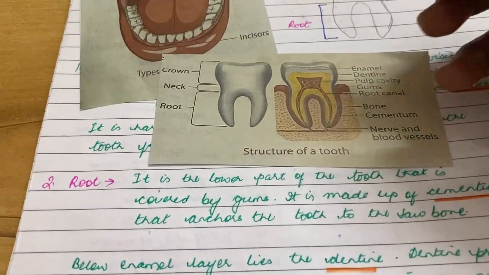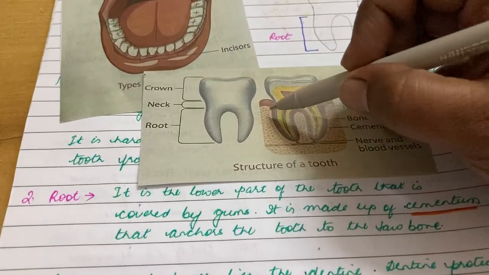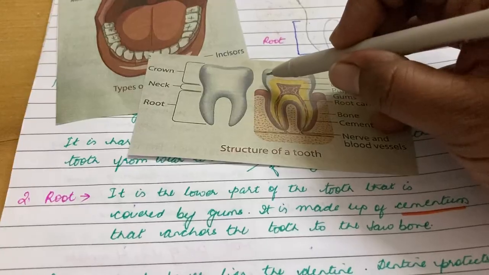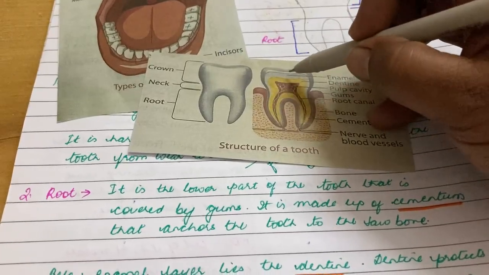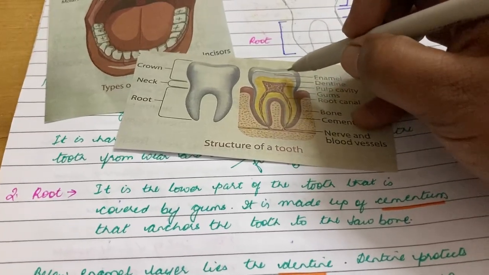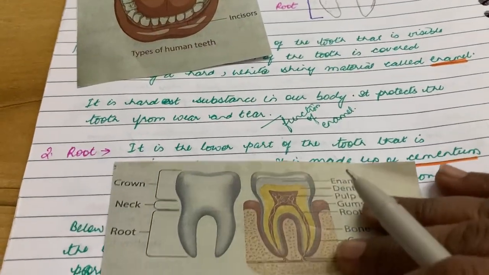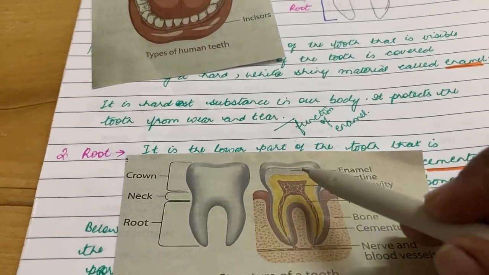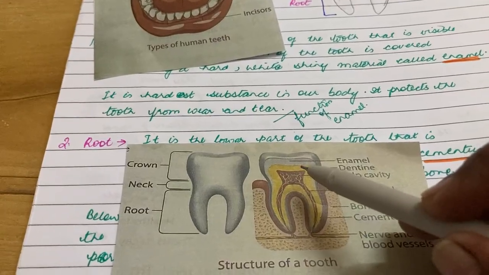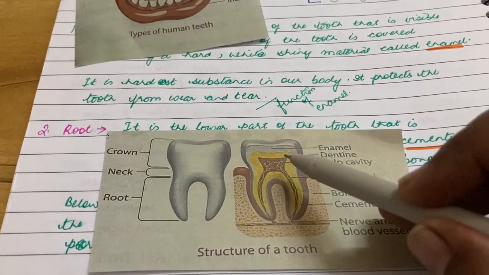Now if I show you quickly, this is the tooth here. The silver part which is here is the uppermost part, and this is the enamel part of the tooth. Below enamel is dentine. What does dentine do?